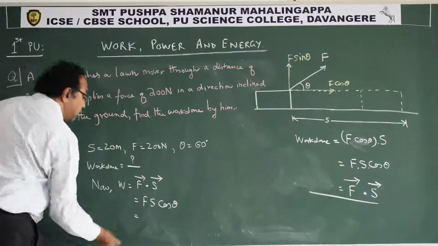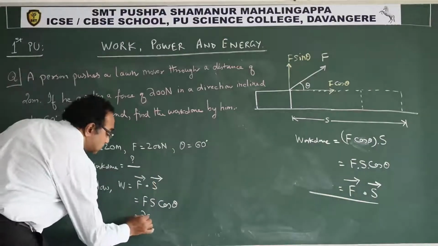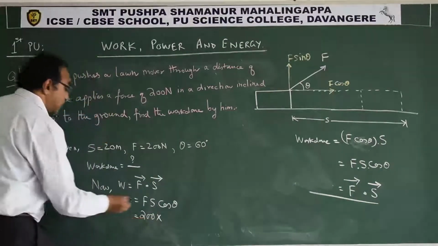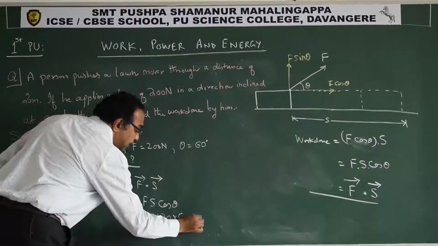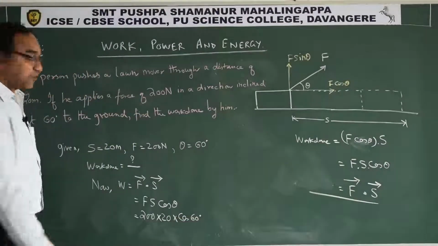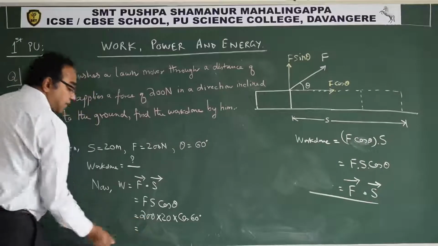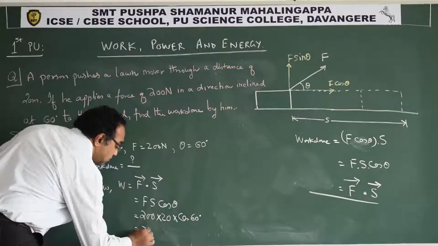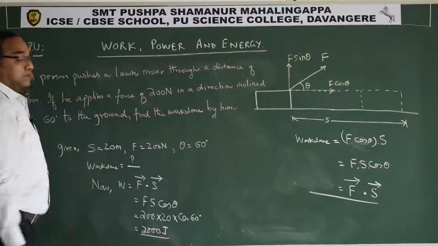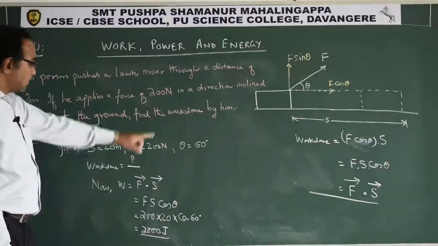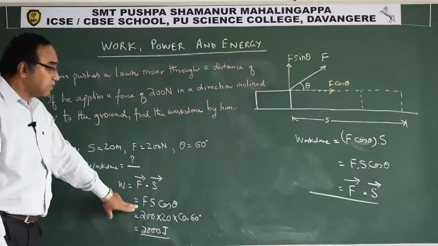So F is how much? 200 Newton. S is how much? 20. And cos of 60 degrees. Cos 60 is how much? Half. So that is exactly how we can use this format.